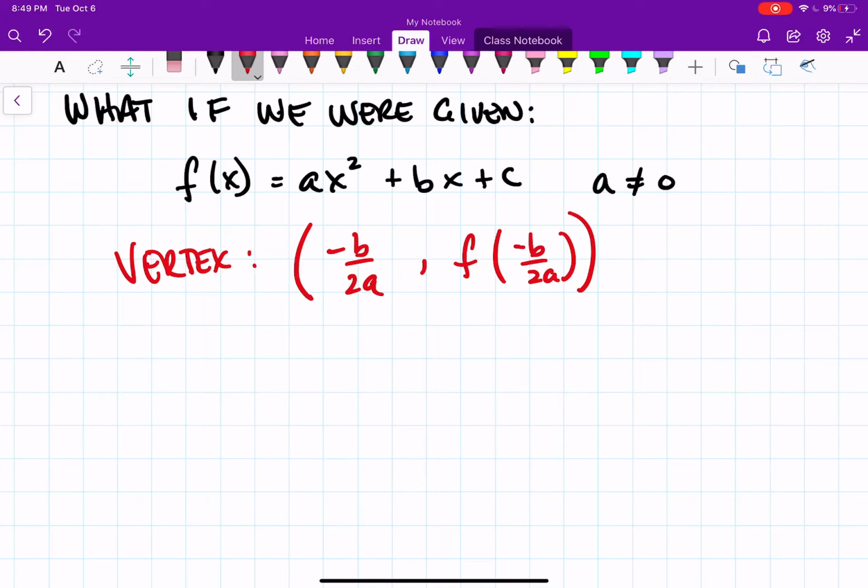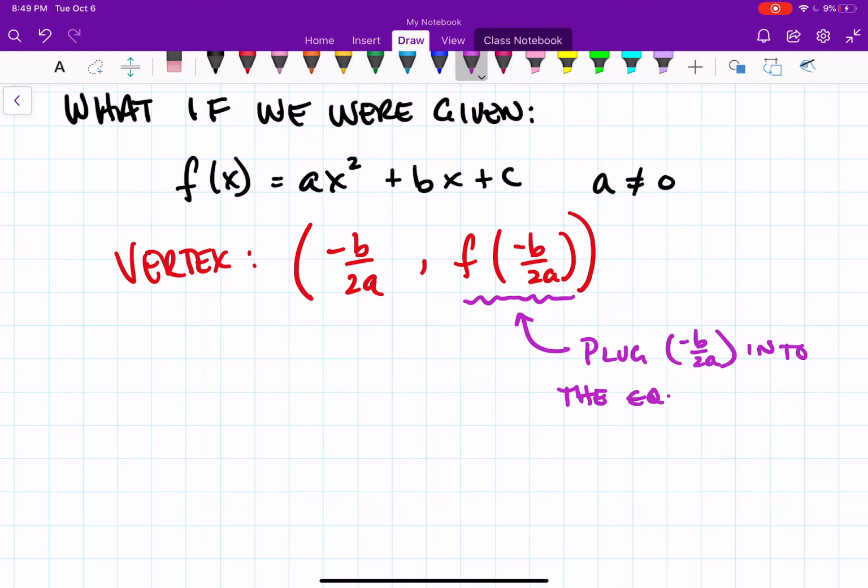All right, so let's put this in perspective. All this is saying is, once you find negative b over 2a, plug negative b over 2a into the equation for x to find y.